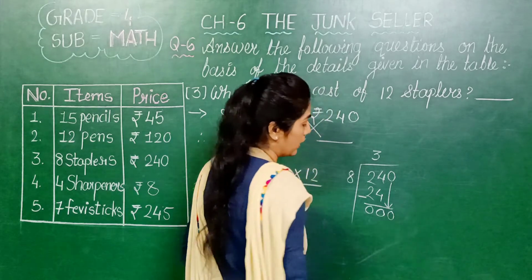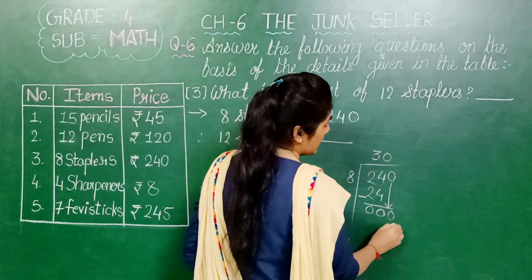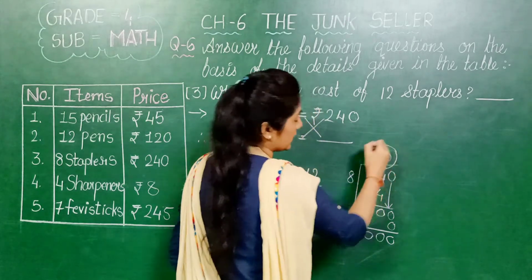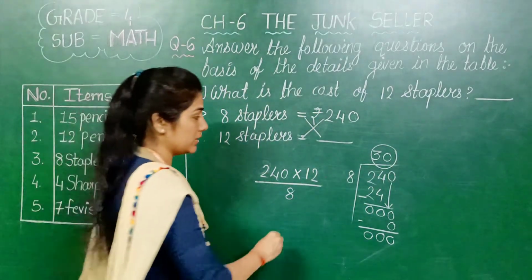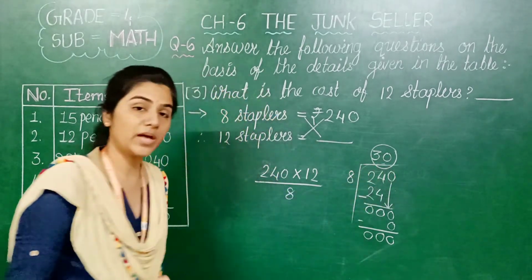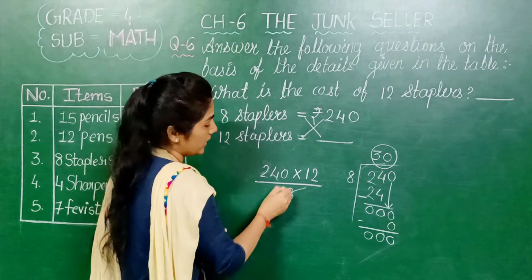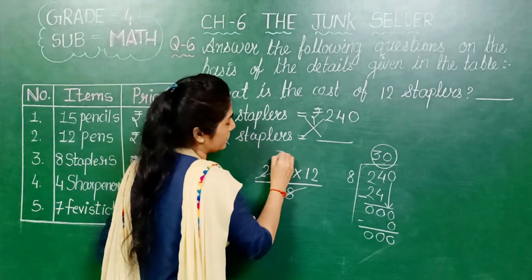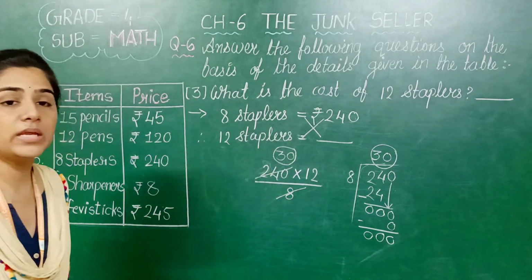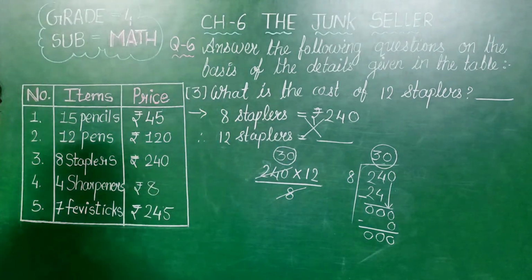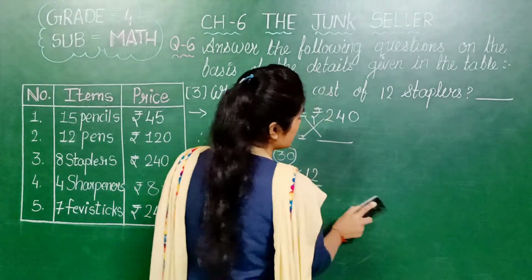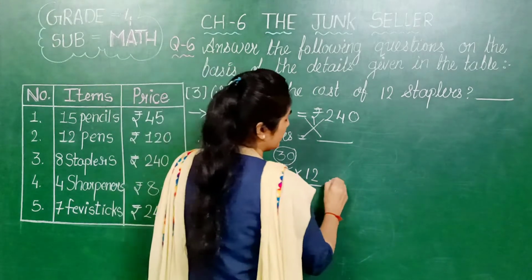Division we already know how to do, and 8 zeros are 0. So the answer we have got is 30. What is the meaning of this? That means 8 30s are 240. Now we can easily cut 8 and 240 and keep 30 on top. So now we have just two remaining numbers, 30 and 12. Now we have to multiply these two numbers: 30 multiplied by 12.